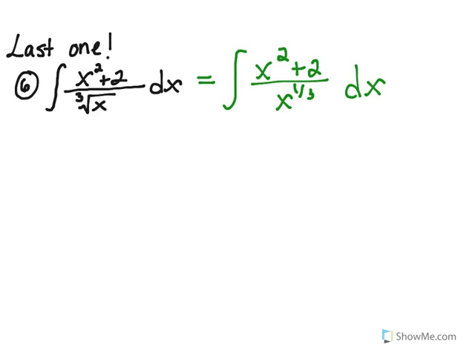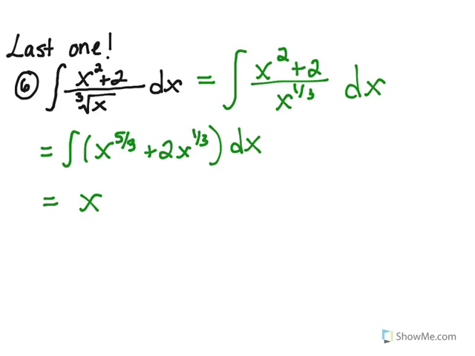I'm going to subtract exponents and write this all as one line. So 2 minus 1/3 is 5/3. This is x to the 5/3 plus 2x to the 1/3. And now I can start using the power rule for antiderivatives to find the actual antiderivative.